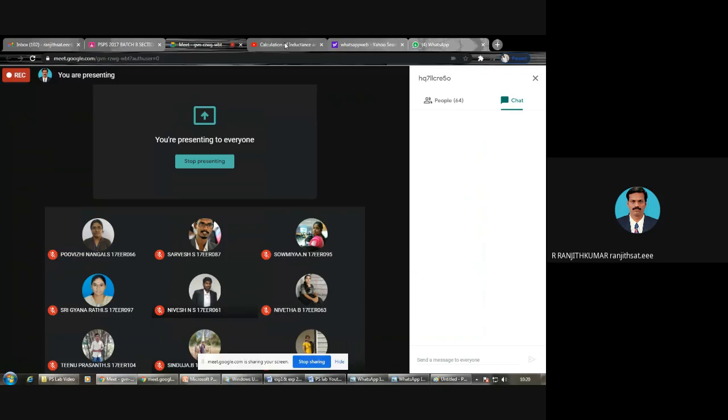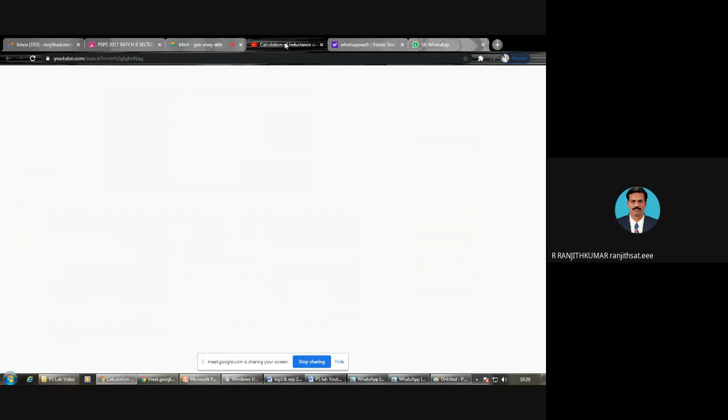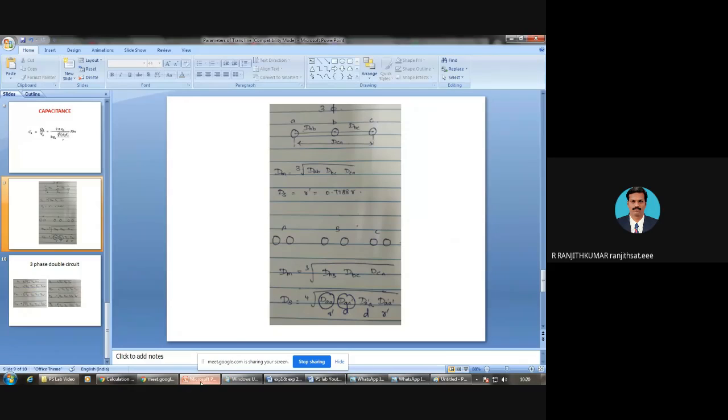Have you calculated, Kanna? You use this formula, or else, for a bundle, Ds is the square root of r dash d, this is the formula. If you simplify this, Ds will be the root of r dash d, if it is a two-bundle conductor.